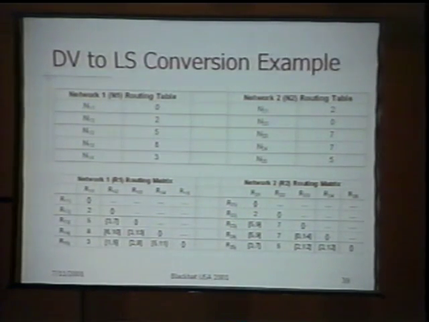We have 2, it's obviously 0 away from itself, 7, 7, and 5. And then below here, what we created from these 2 RIP broadcasts is what looks like a connected matrix, which describes a connected graph or a network.